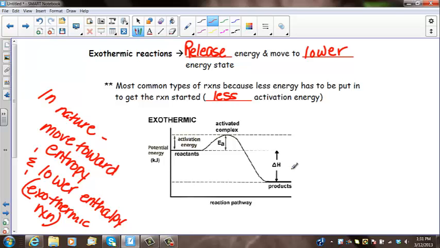This is an exothermic reaction, and there's less activation energy in the exothermic state than it would be if we were looking at the endothermic state. You can just compare the size of the arrows here, which are denoting the activation energy.